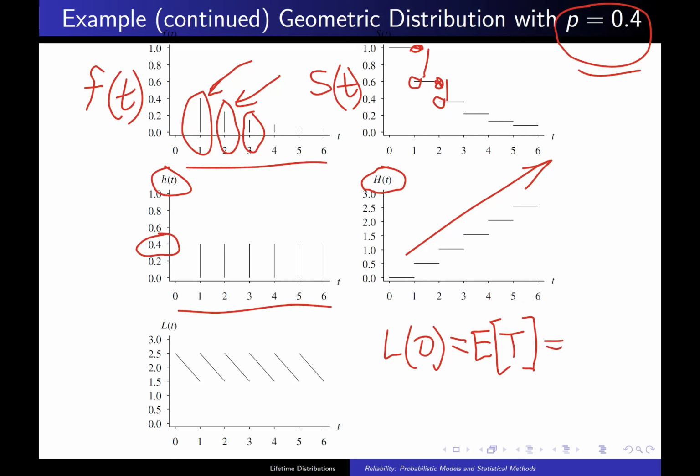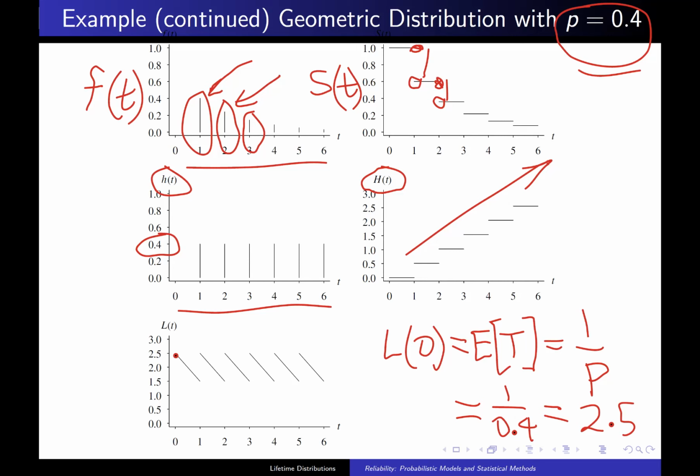Somewhere, hopefully, in a probability course, you have derived that for the geometric distribution starting from 1 as 1 over p, and 1 over p in this case is 1 over 0.4. 0.4 is 2/5, so we get 5 halves, which is 2.5, and that's where the geometric distribution starts, right there at 2.5 at time 0.